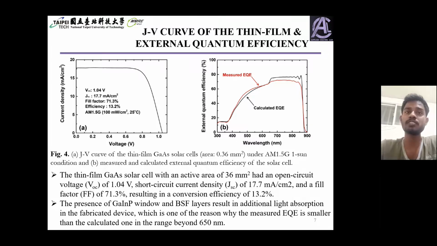The active area is 36 millimeter squared, the open circuit voltage is 1.04 volt, the short circuit current density is 17.7 milliampere per centimeter square, and the fill factor is about 71.3 percent. So overall, the conversion efficiency is about 13.2 percent.